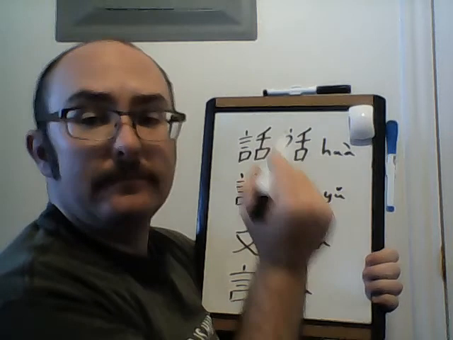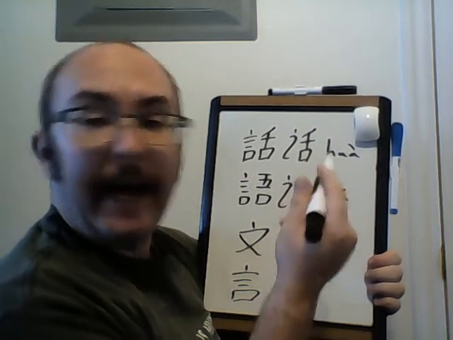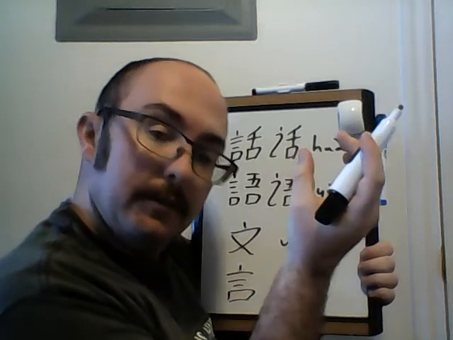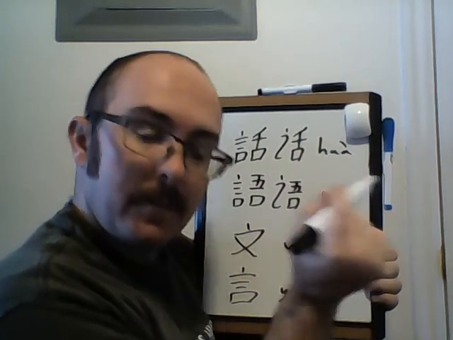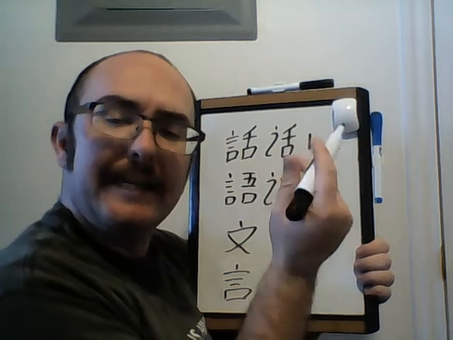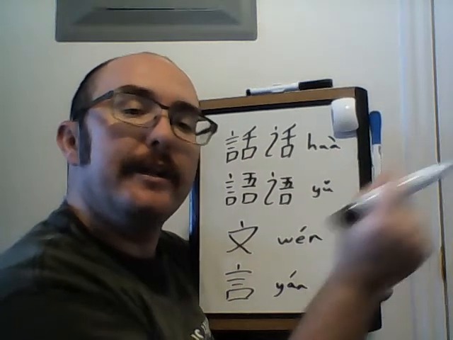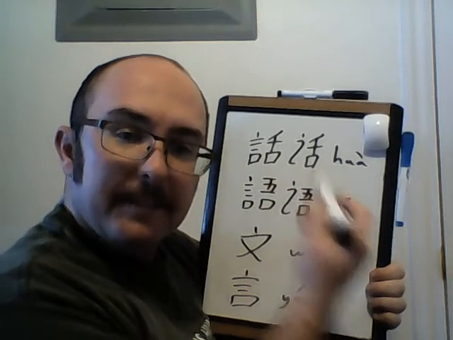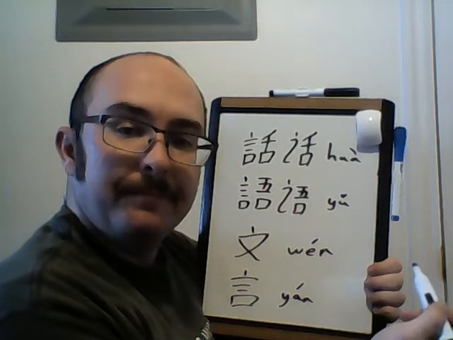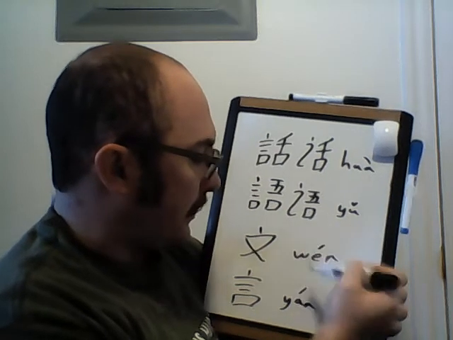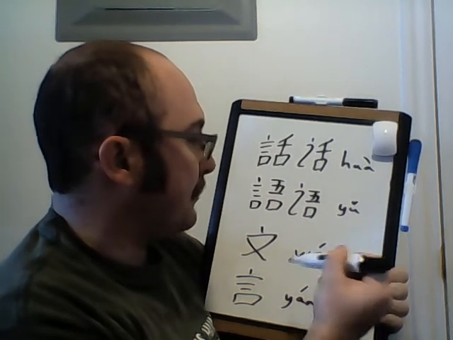加拿大话, the accent of Canada. There's a word that does mean accent, but this can mean a dialect, like a regional dialect, that it just happens to be spoken that way over here in this place. So that's the idea behind these words. You can mix some of these up a little bit.